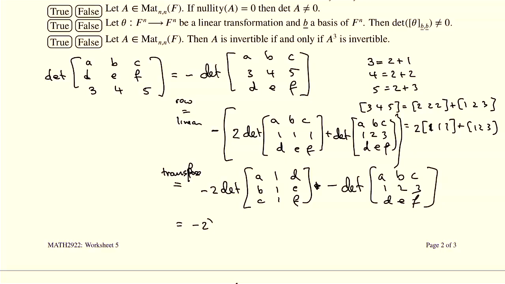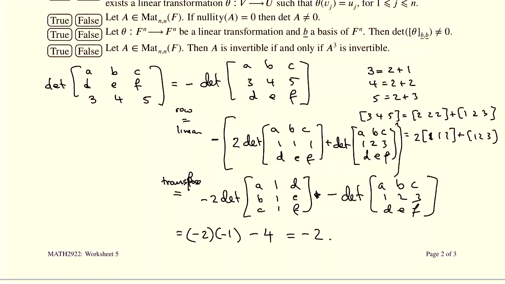So it's minus 2 times minus 1 and minus 4, which is minus 2. So after all that work, the answer is false, because it's minus 2, not minus 4.